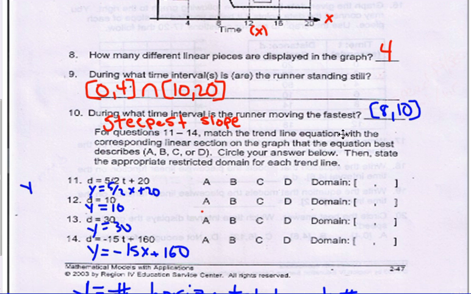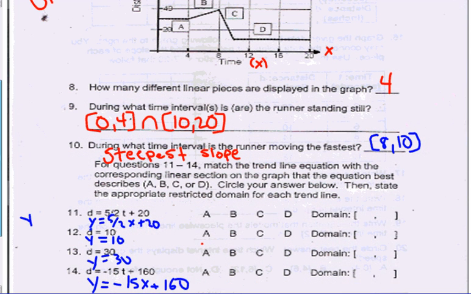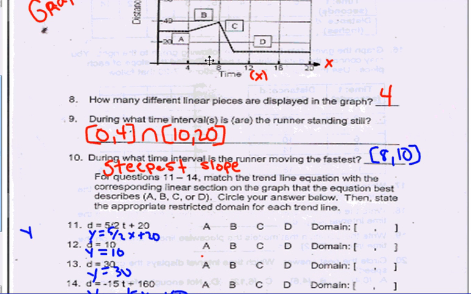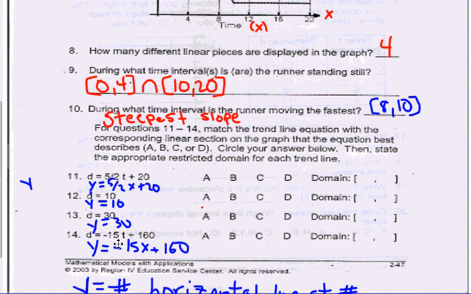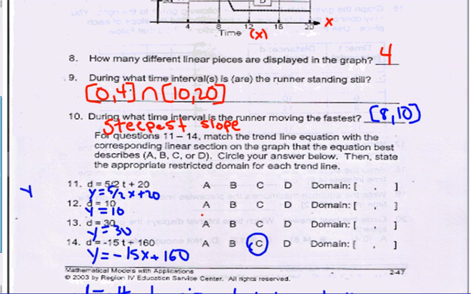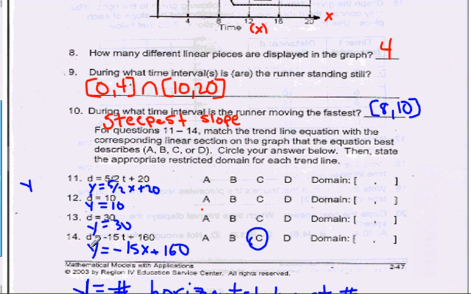Well, we already saw that the steepest slope is from 8 to 10, which is section C. So you can see your steepest slope right here is 15. So we know that this one is C. Then y equals a number is a horizontal line. So we have a horizontal line at 10. That's section D.